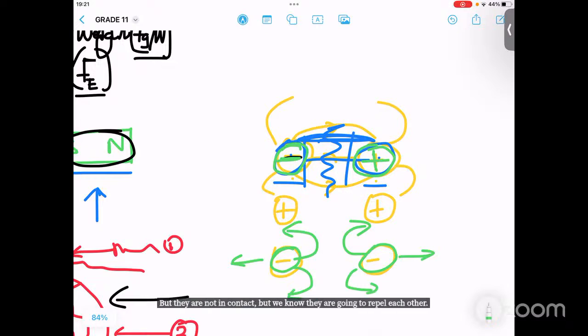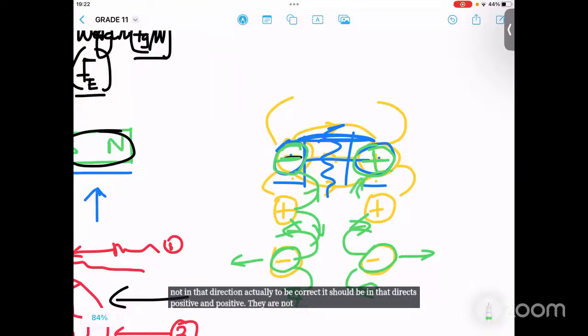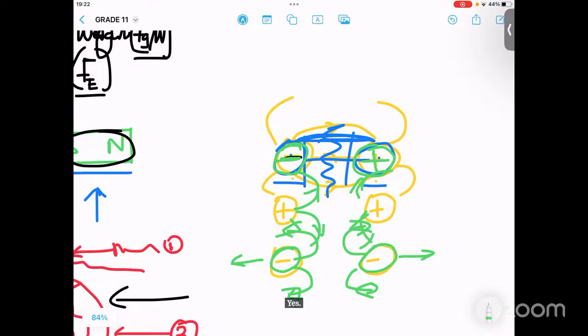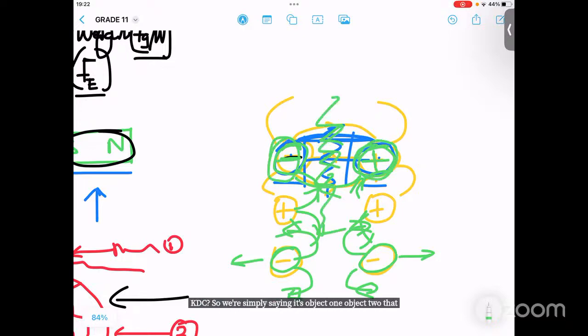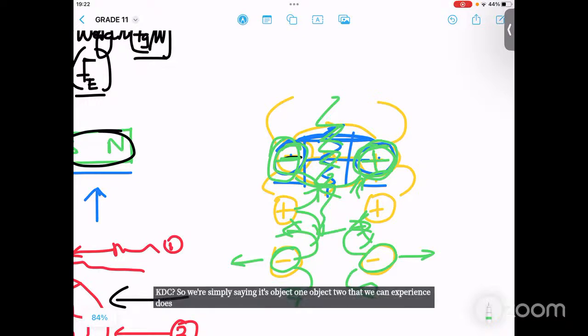Positive and positive, they are not going to attract each other, they are still going to repel. Unless it's positive and negative, then we know they are going to attract each other. So we're simply saying it's object 1, object 2 that we can experience. Does it make sense now to everyone?